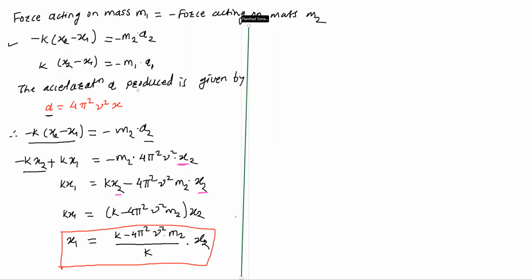Using the second equation, x2 minus x1 is equal to minus m1 times a1.